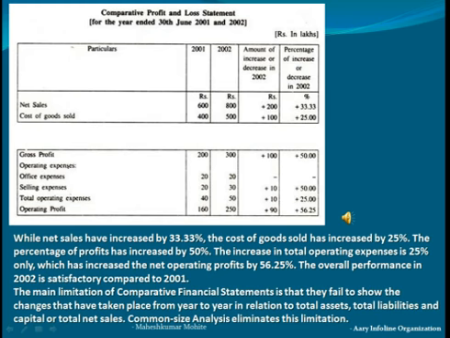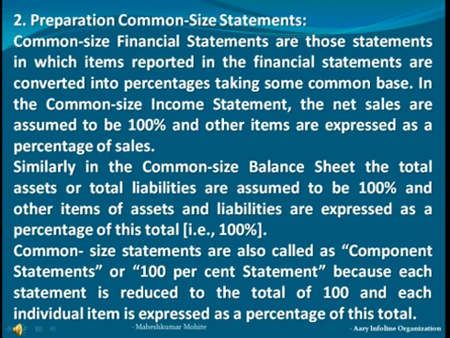The main limitation of comparative financial statements is that they fail to show the changes that have taken place from year to year in relation to total assets, total liabilities and capital or total net sales. Common size analysis eliminates this limitation. 2. Preparation of common size statements.